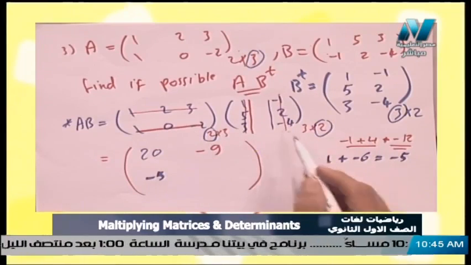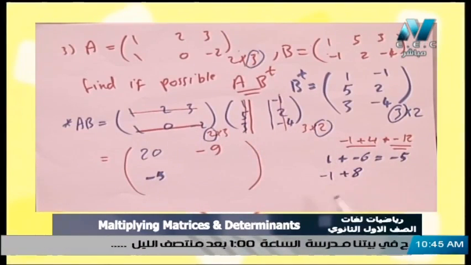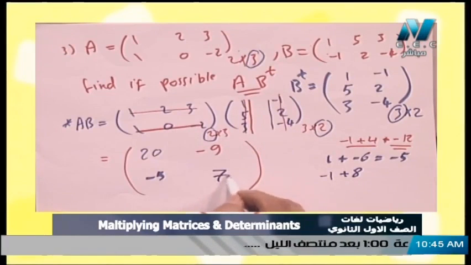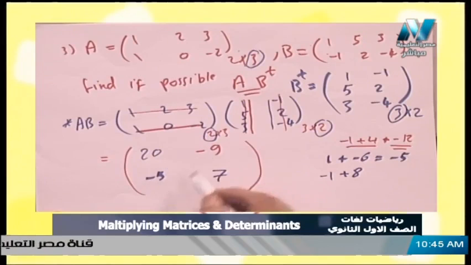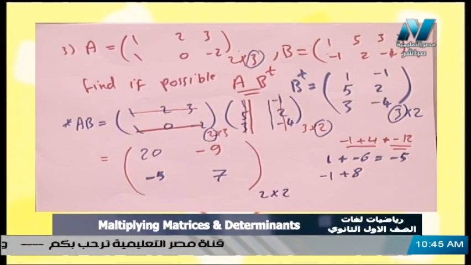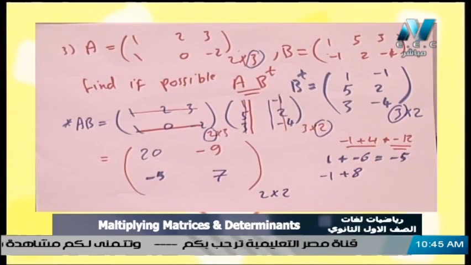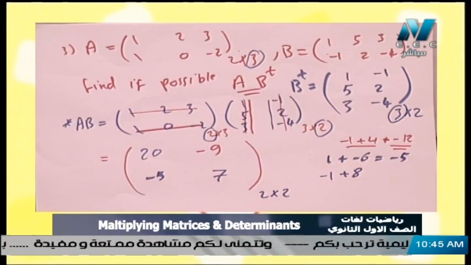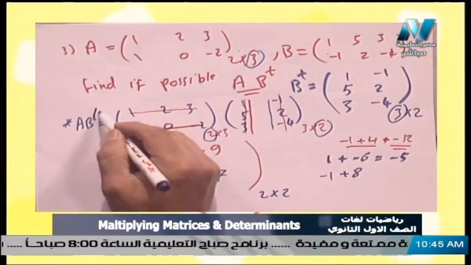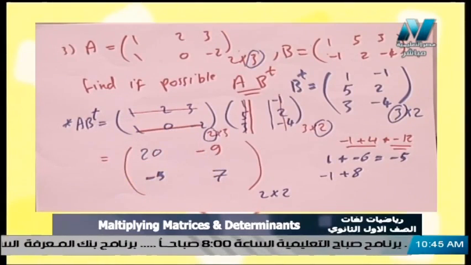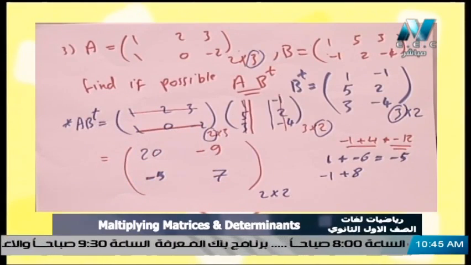Negative 2 times negative 4 equals 8. So it's 7. As we expect, it's a 2 by 2 order matrix. And we have multiplied A times B transpose.